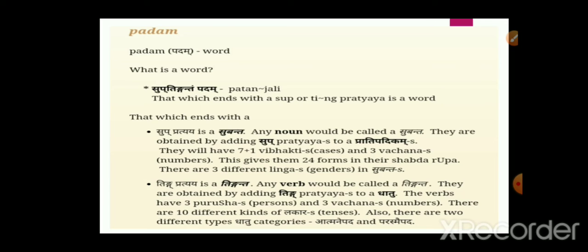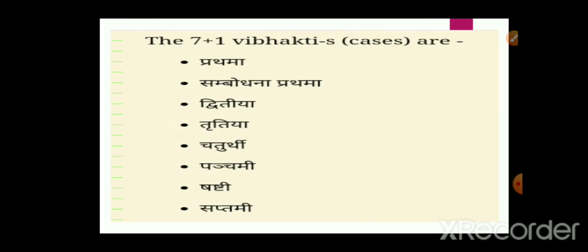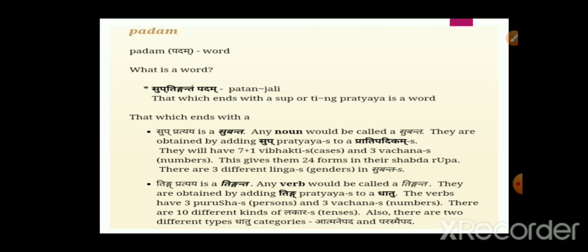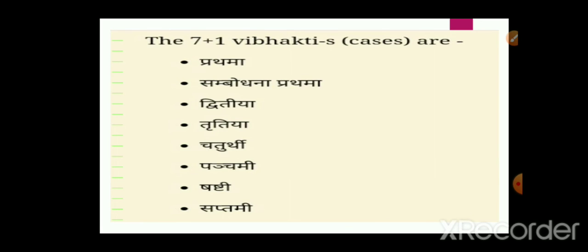And we have Vibhaktis. Vibhakti means a case in English. In total we have 7 plus 1, 8 Vibhaktis in Sanskrit. What are those 8 Vibhaktis? Prathama Vibhakti. Just as of now, hide this second word, Sambodhana Prathama Vibhakti; we'll see it at the last.